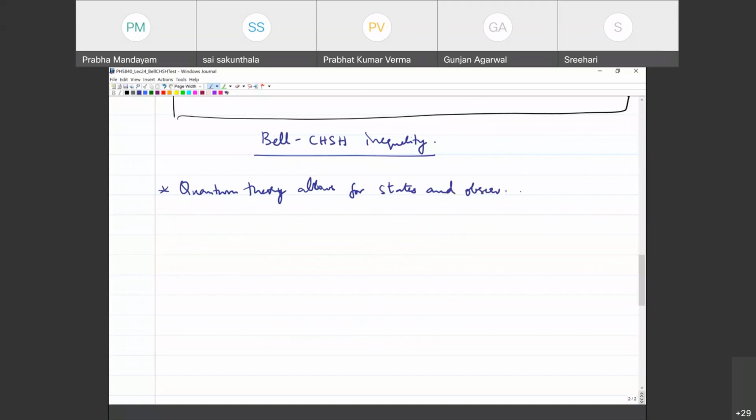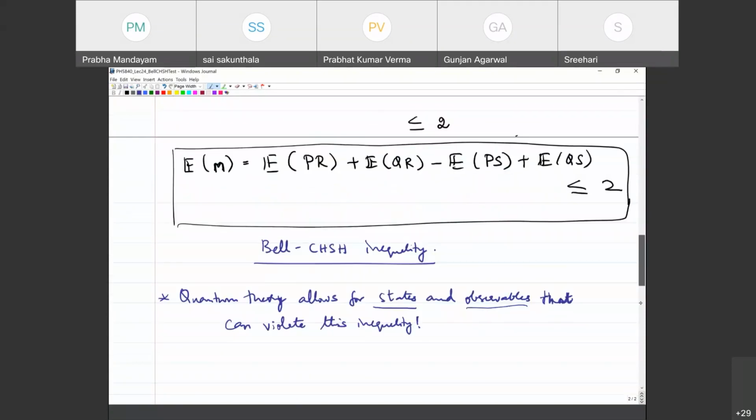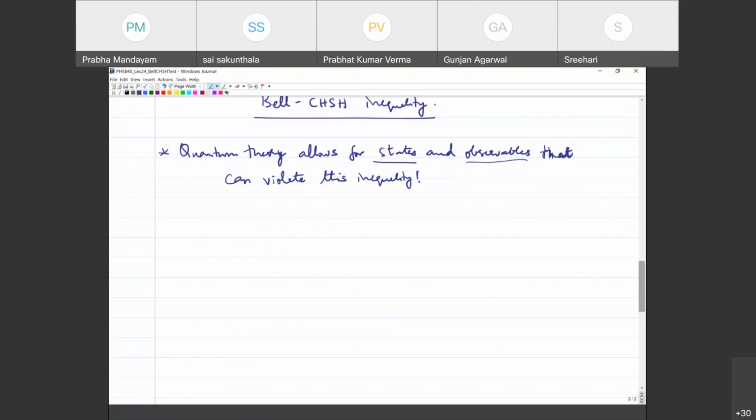You need a certain kind of state and you need a certain set of observables to actually show that quantum theory can violate this inequality. So what are these states and observables? Of course, the state is now going to be one of the Bell states, right?